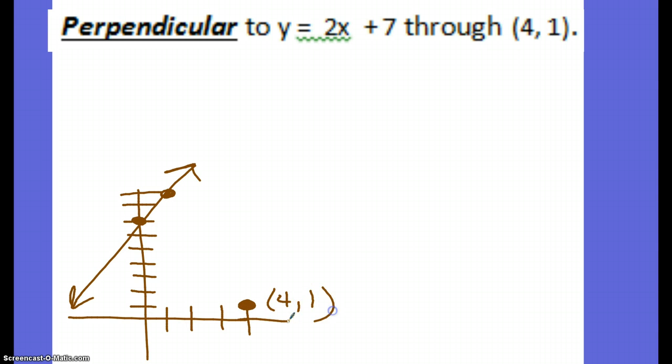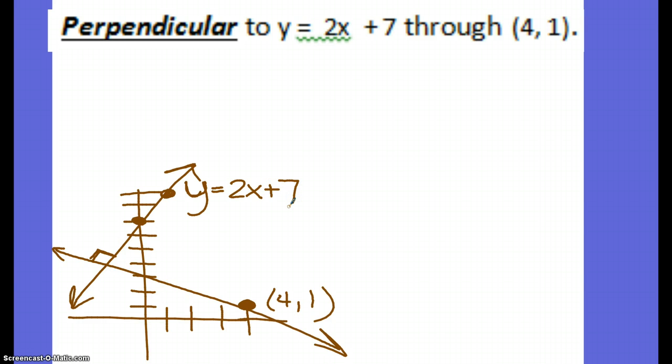And this time we want perpendicular, not parallel. So that means that we want a line that goes through that point and is perpendicular to that line. So we're going to find the equation of that line. We know that this one is y equals 2x plus 7.